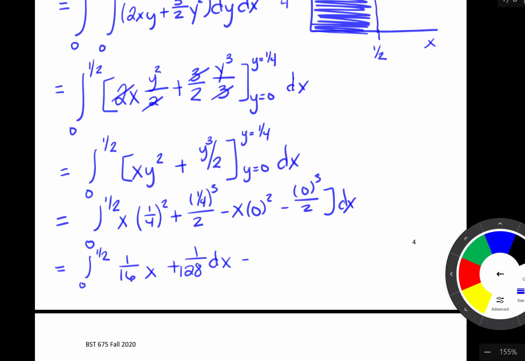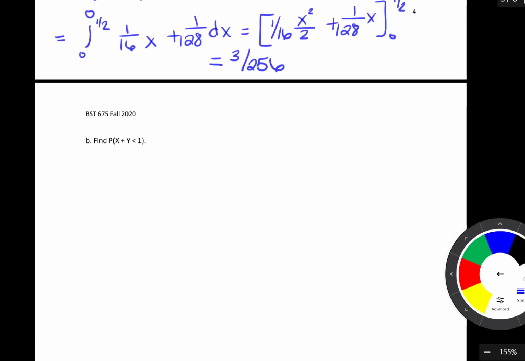Now integrating with respect to x, we find the following. And then you can confirm, since I'm running out of room here, that is equal to 3 divided by 256.